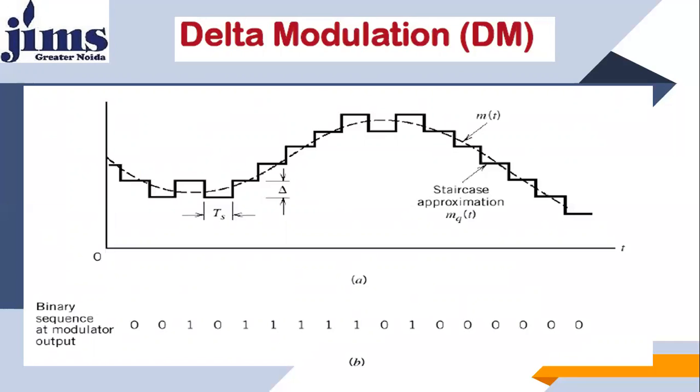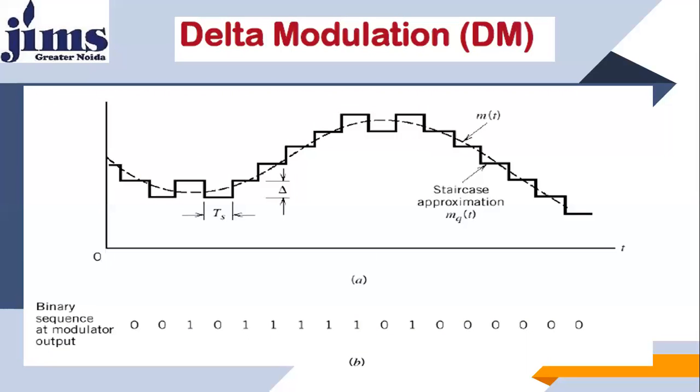And the step size of this staircase signal is delta. Look at this delta. And the time period of each stair is Ts. Look at this Ts. Right? So this staircase signal mq(t) follows m(t).